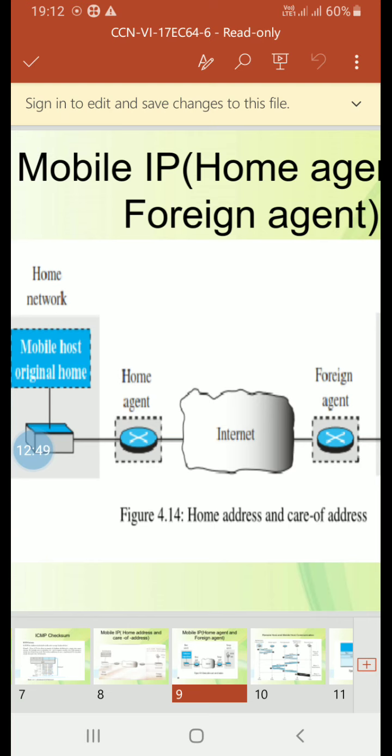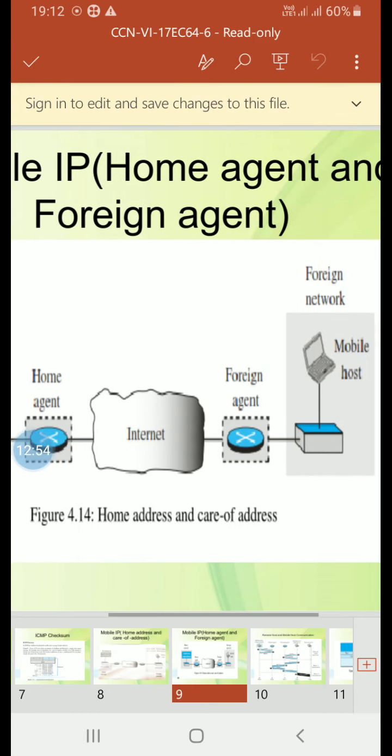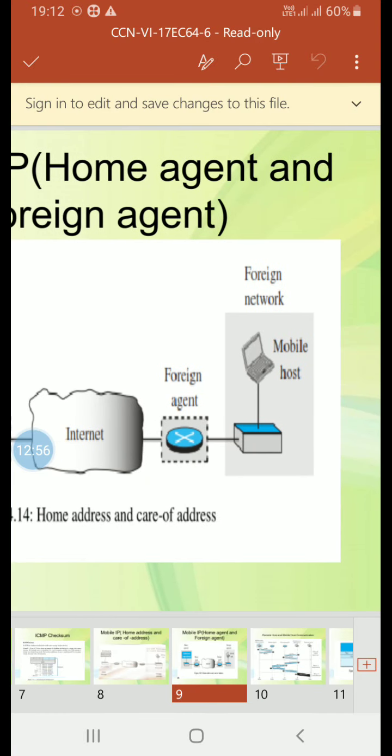Foreign agent. It is usually a router attached to the foreign network. The foreign agent receives and delivers packets sent by the home agent to the mobile host.